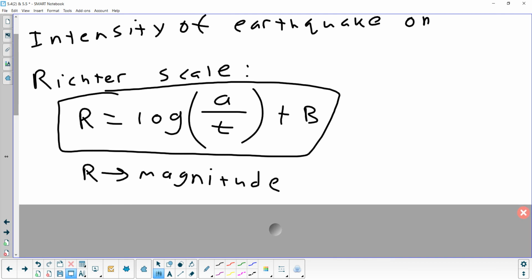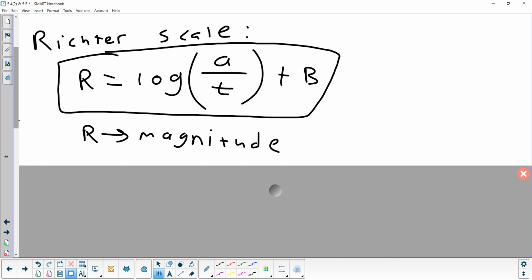So R is the magnitude. That's usually the number that you hear reported that describes the earthquakes, how powerful it is. And the thing to notice in this formula is it has a log in it. So if you compare the intensity of the earthquake, if you go from a magnitude 1 to a magnitude 2 earthquake, you might think, oh, it's just a 1 to a 2.